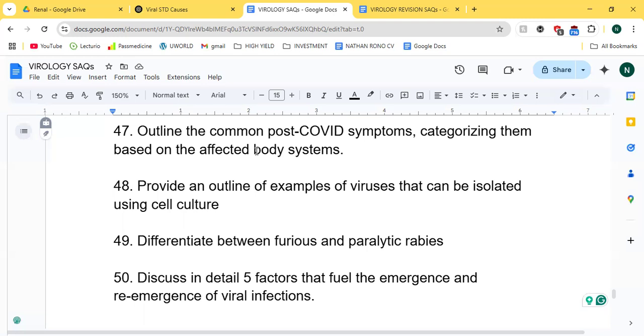Trust me, you will get something. And then there are these symptoms that are very non-specific. You remember the ones that we said? Fever, fatigue. Those ones, we classify them under general. So mention those.